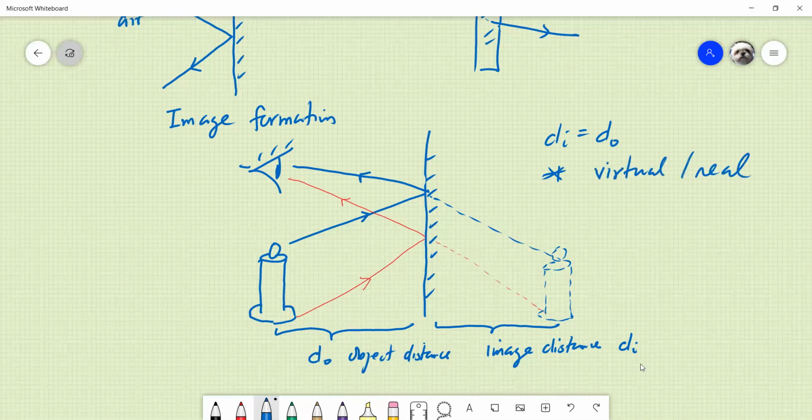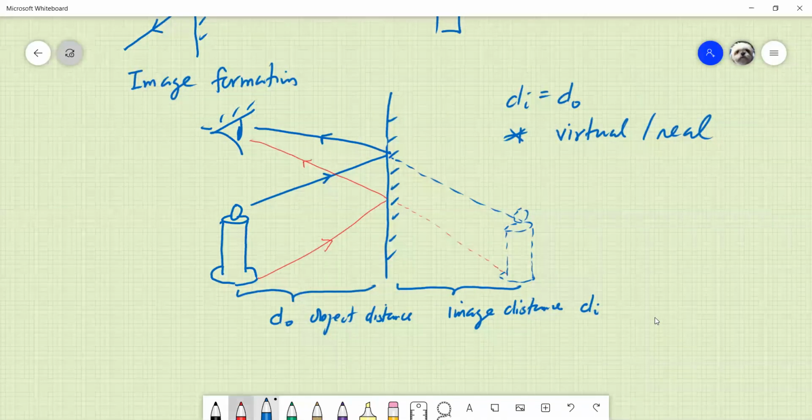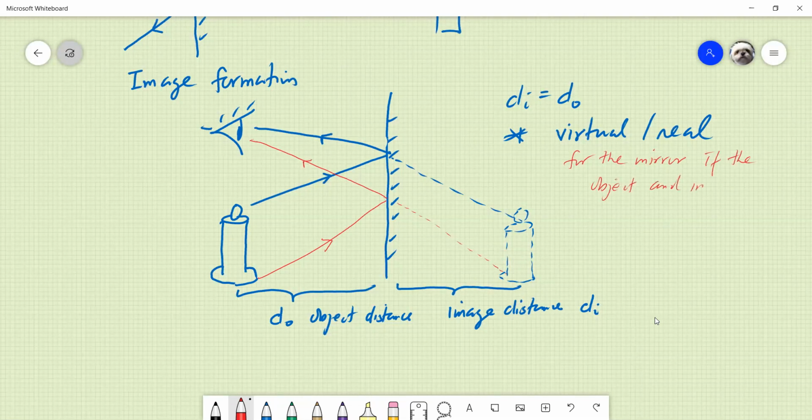For the mirror, if the object and the image are on opposite sides, meaning they are not on the same side, then the image is virtual. If you look at that, my image is on the right side and my object is on the left side. So if that's the case, then the image is virtual. So therefore here, I know my image is virtual.